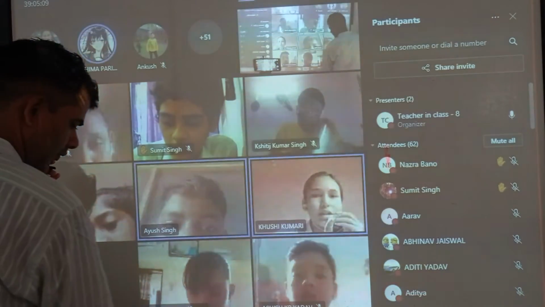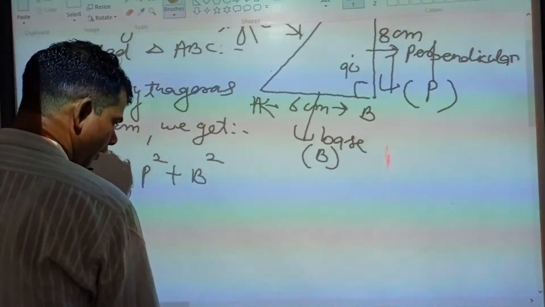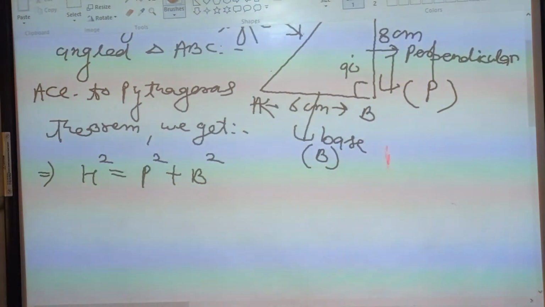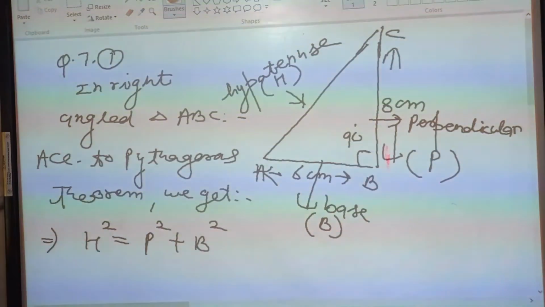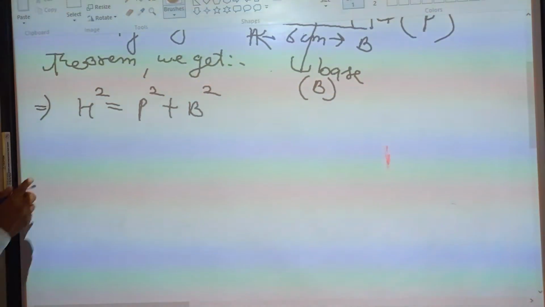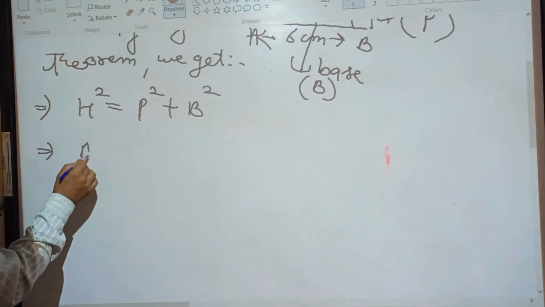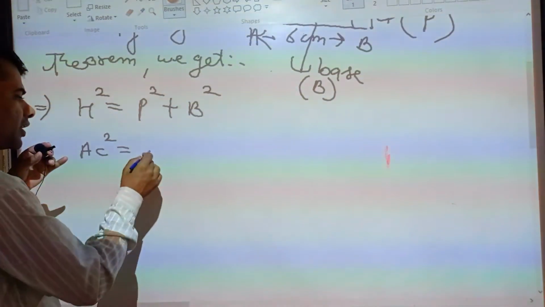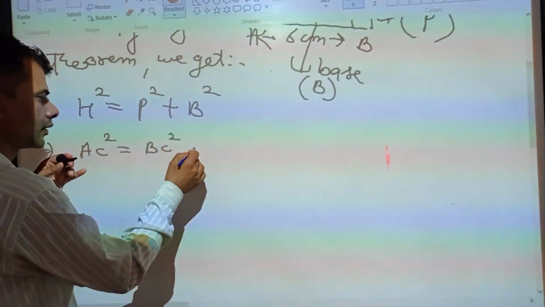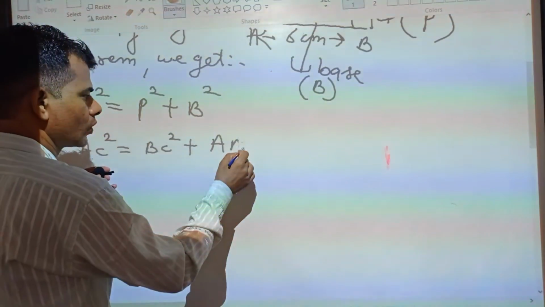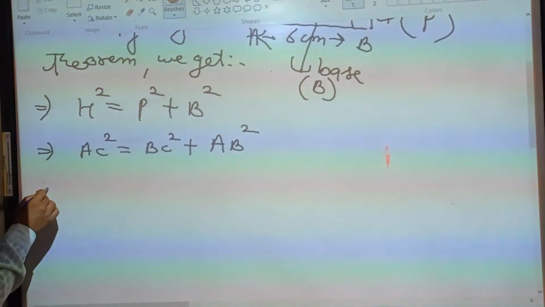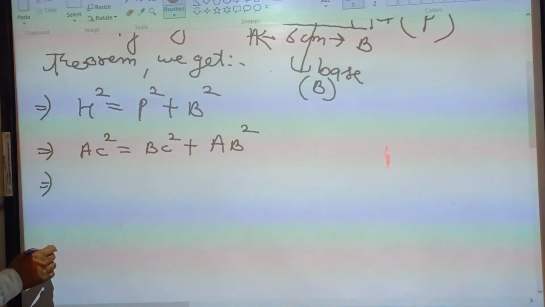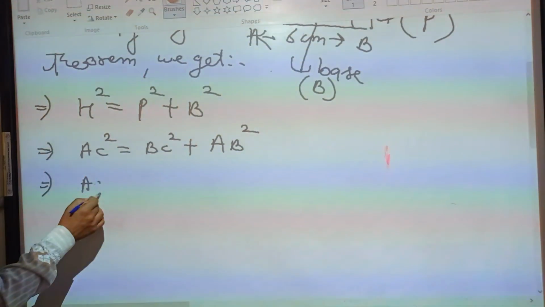Now, what is your hypotenuse? Hypotenuse is your AC square. Perpendicular is BC square. Base is AB square. We have to find out the AC square.